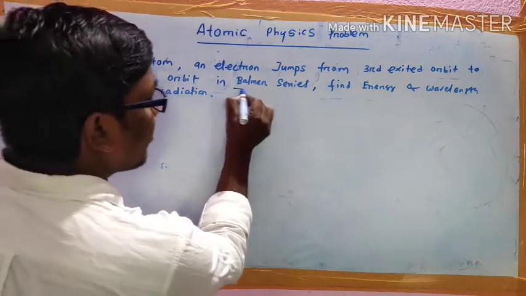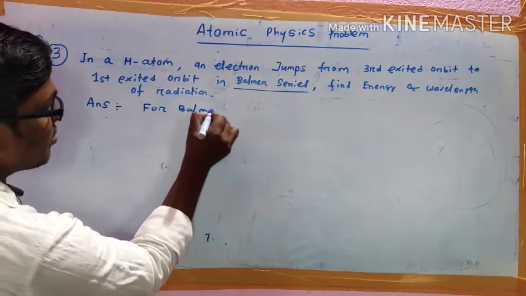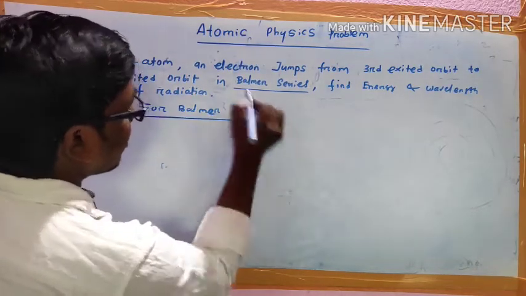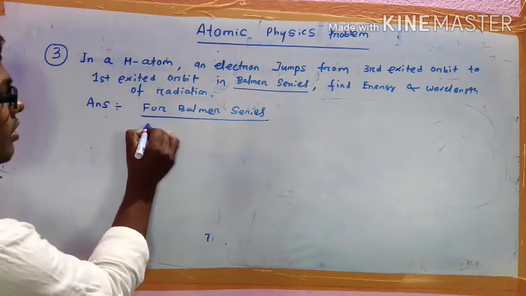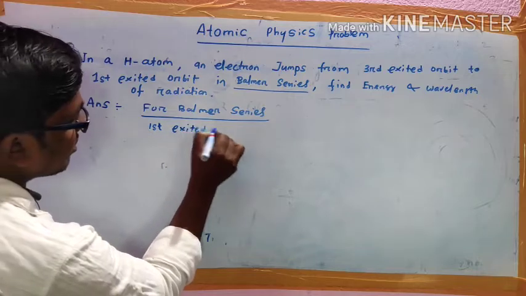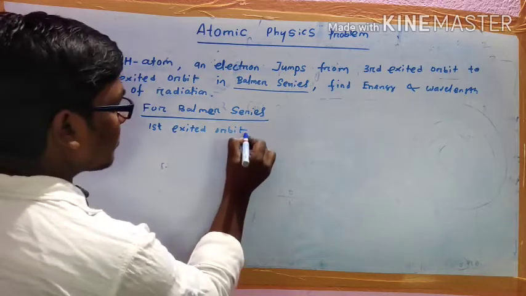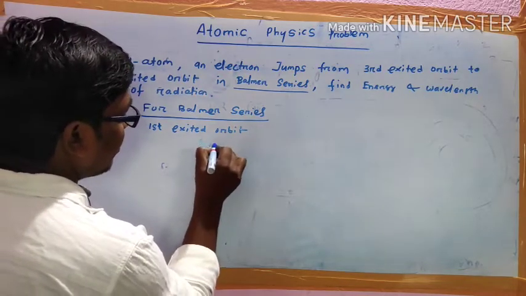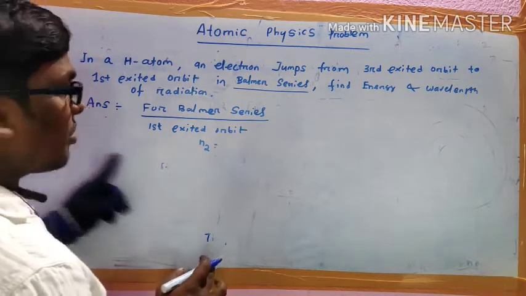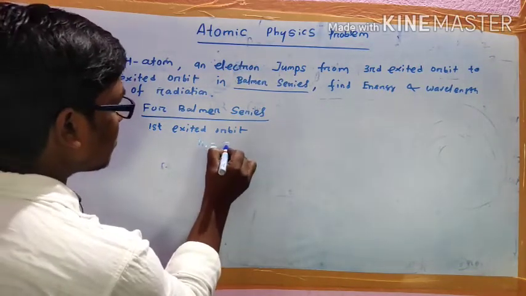Here Balmer series is given. For the Balmer series, the first excited orbit, let's take N1, N1 is equal to 3.